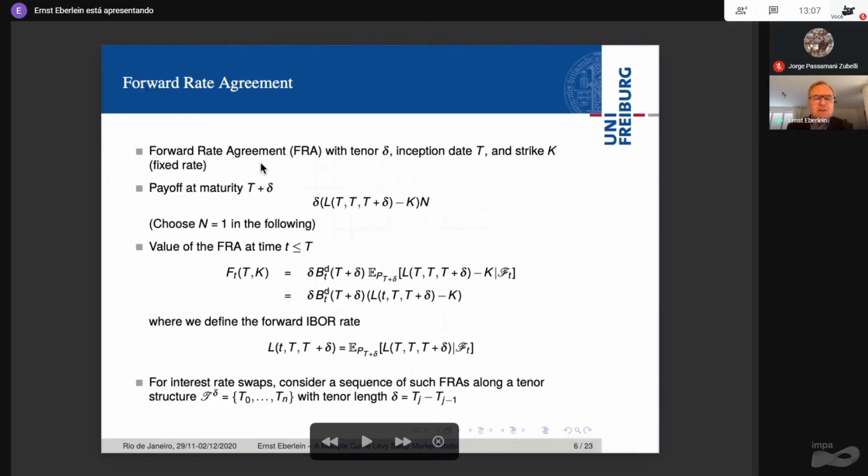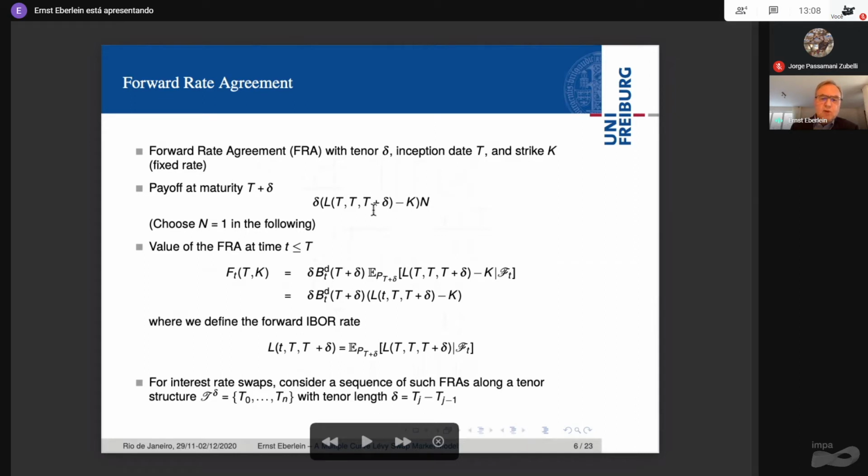Now let me set the stage. Let me recall what a forward rate agreement is. It's a contract which fixes a certain rate for a future time interval from t to t plus delta, and the payoff at maturity then is just the difference between the rate which is observed at the beginning of this period minus the fixed rate.